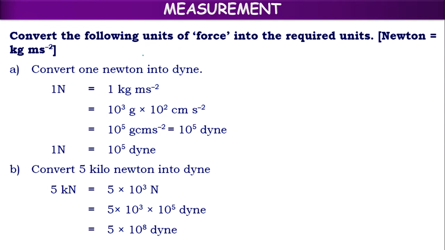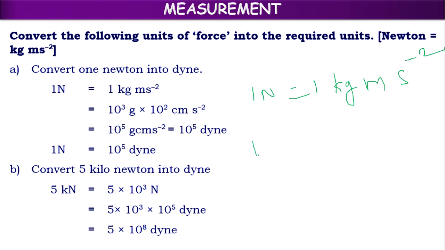Next, children, convert the following units of force into required units. Normally, children, force is measured in unit called newtons. 1 Newton equal to 1 kg meter second to the power of minus 2.